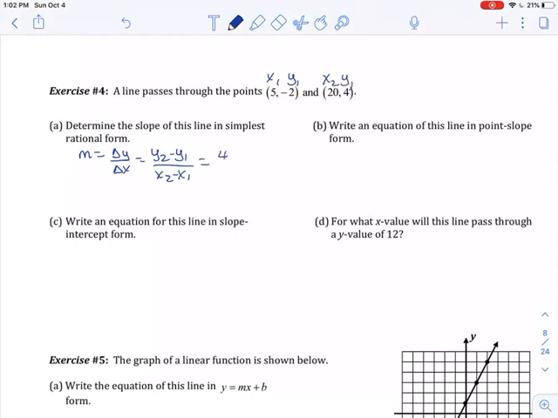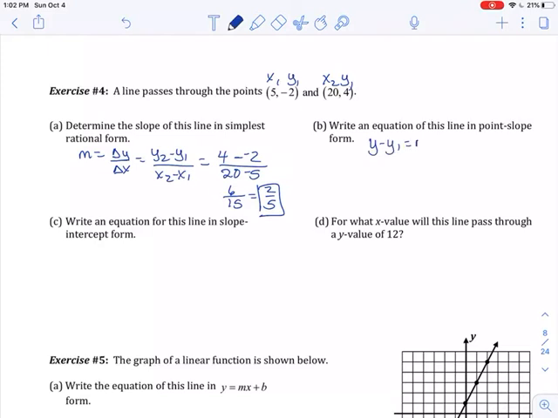So this is my x1, y1, x2, y2. So I'm going to have 4 minus negative 2 over 20 minus 5. And that gives me 6 over 15. And I can reduce that. They're both divisible by 3, so 2/5.